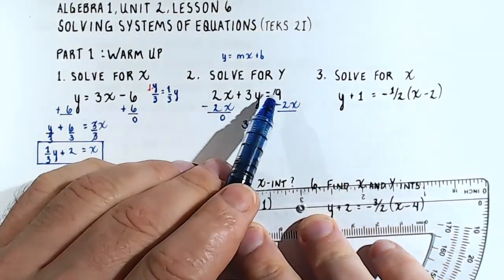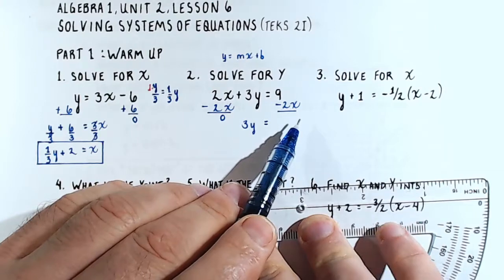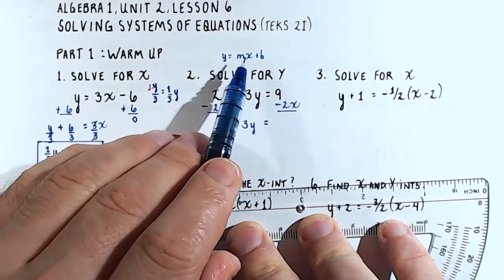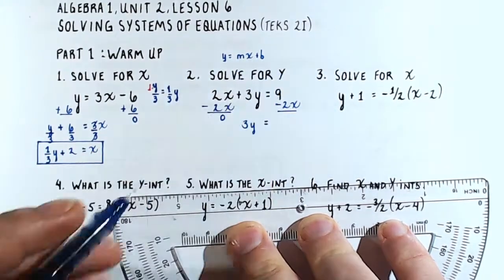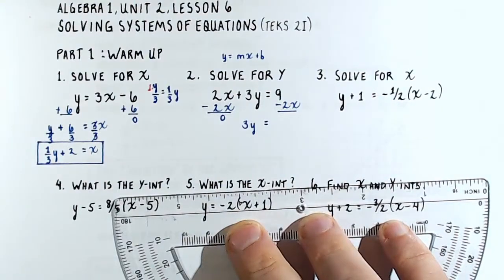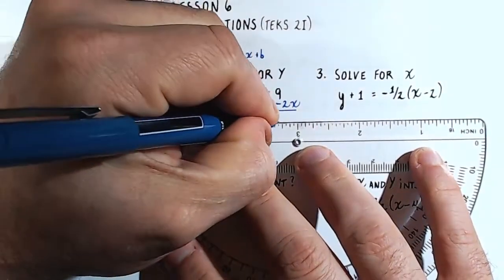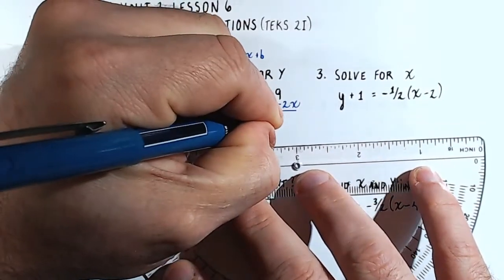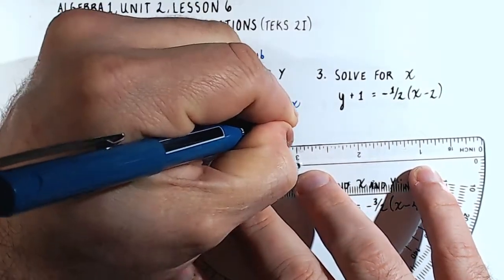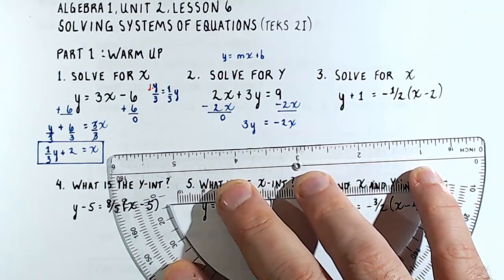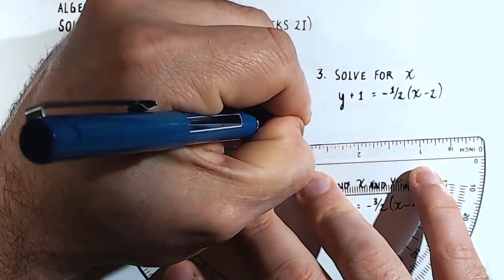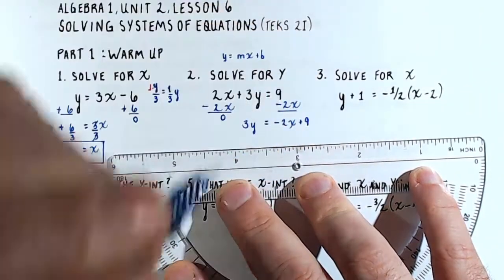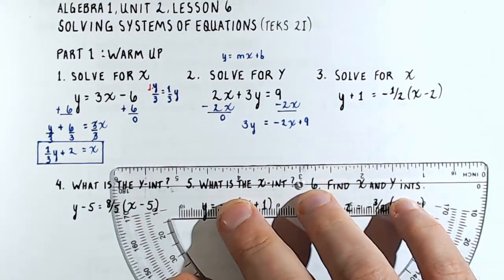So I don't want to write 9 minus 2x because then the mx part would be at the end. I want to think about how line equations look and put that negative 2x term up front. Negative 2x plus 9. Okay, so far so good.